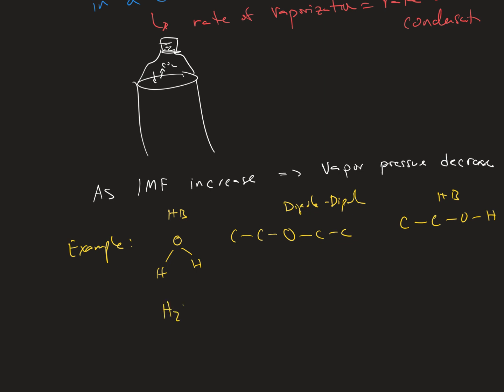Can you explain it one more time? Yeah. So since water has the two hydrogens there, it's a stronger hydrogen bond than ethanol is. So ethanol, which is C2H6O, and diethyl ether, C4H10O.